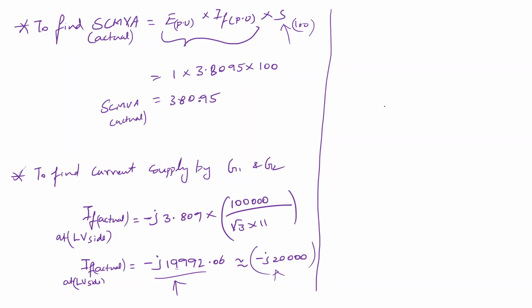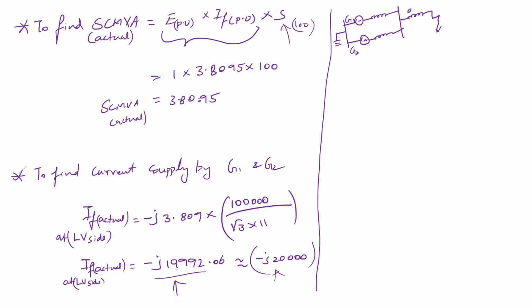So this is the IF value at the actual side, and we know that there are two generators, G1, G2, having reactances, and there is one transmission line having reactance, and a fault has occurred here.